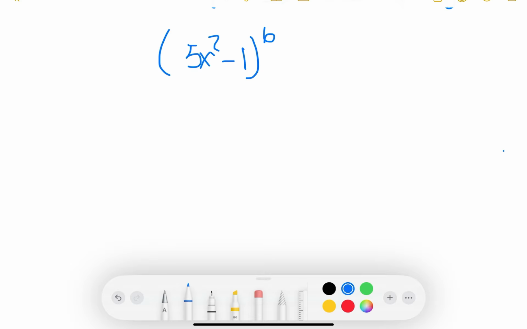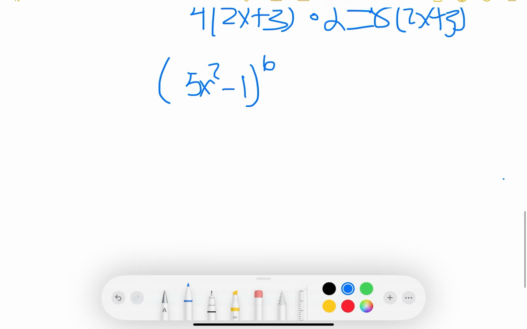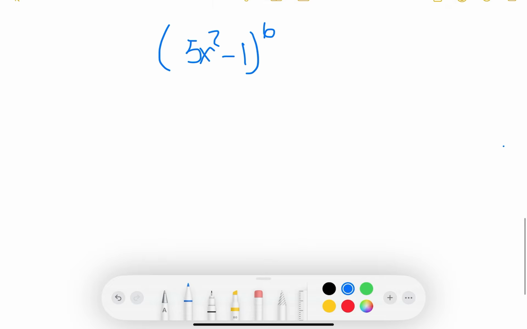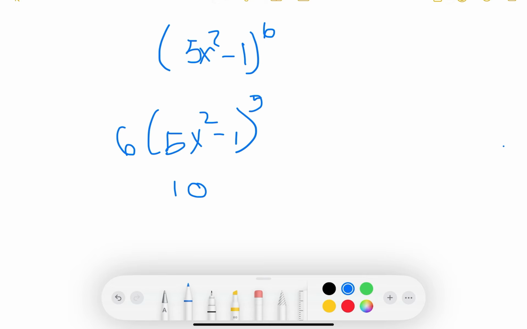So let's do this. Me personally, I like to go different ways, but we can do the exponent first. So we're just going to change this. It's going to be 6 right here, so 6 times (5x squared minus 1). Take the derivative of the inside, which is going to be 10x.